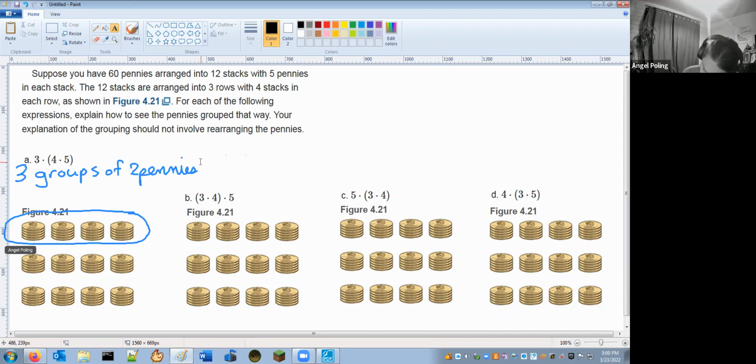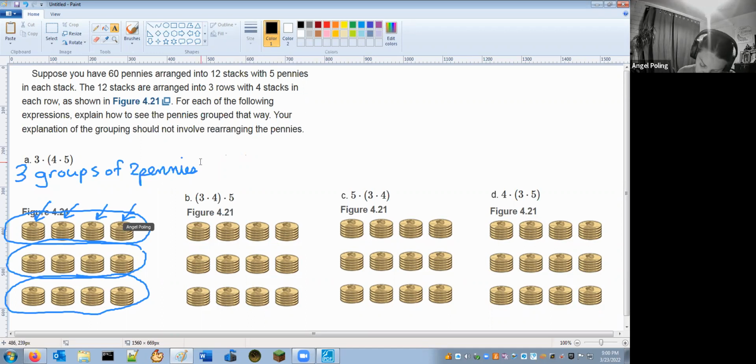So we see 3 groups, so 3 rows. And then we have to look at what 4 times 5 means, right? 4 groups of 5. So each stack is a group within a group, right?